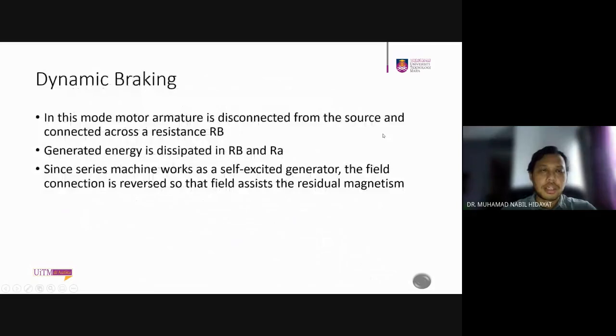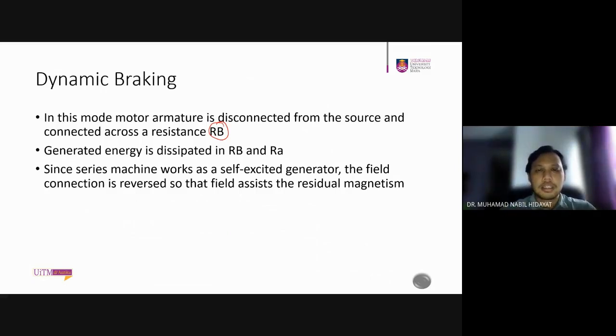So next we go to dynamic braking. In this mode, the motor armature is disconnected from the source and connected across a resistance, the RB, the connected resistance. So the generated energy is dissipated.